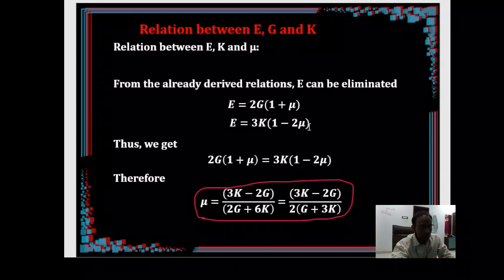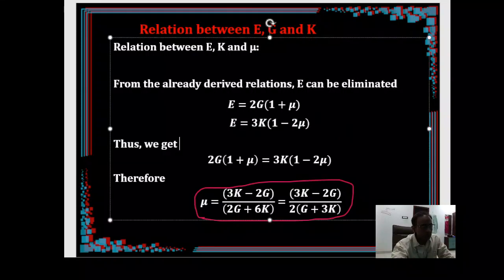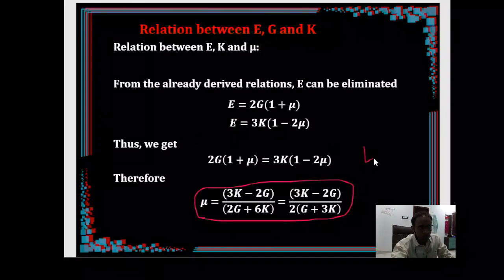In the previous section we have seen E and G. Now we have seen the relationship between E, K and mu, also between E, K and G, Young's modulus, bulk modulus and shear modulus, as well as K, G and mu.